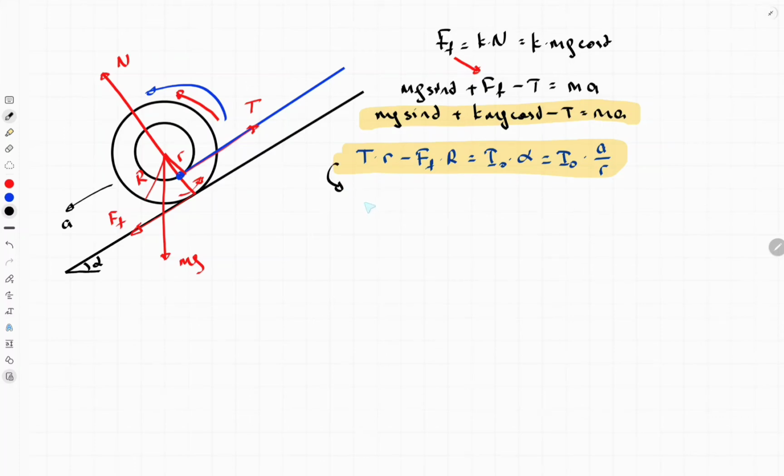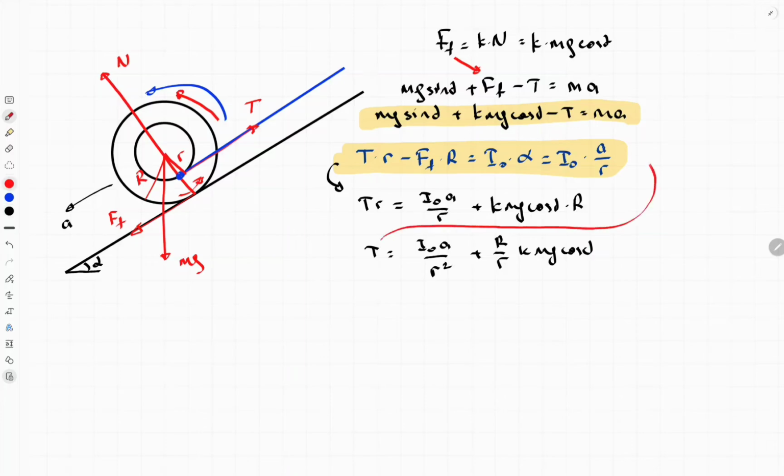From this equation we can derive tension. Friction force times R, friction force K mg cosine alpha times big R. So tension equal to, we need to divide this part by small r. Now we can bring this tension into the first equation, and in this equation we will have only one unknown, acceleration.